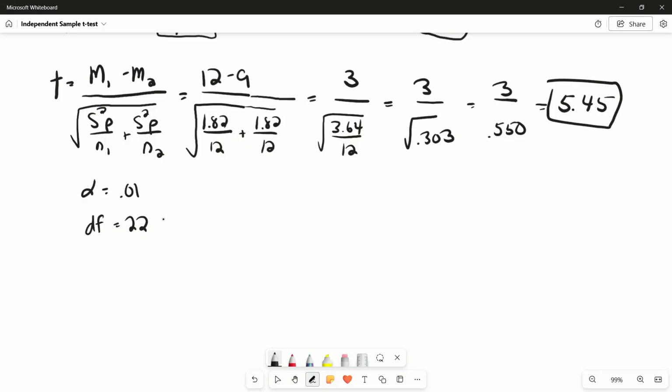This is going to be two tails because we're looking at change. We're saying that sleep changes or affects memory. That is not a directional term. Affects memory means it could increase memory or decrease memory. So it's non-directional and two tails. So we want two tails at 0.01 with degrees of freedom of 22.